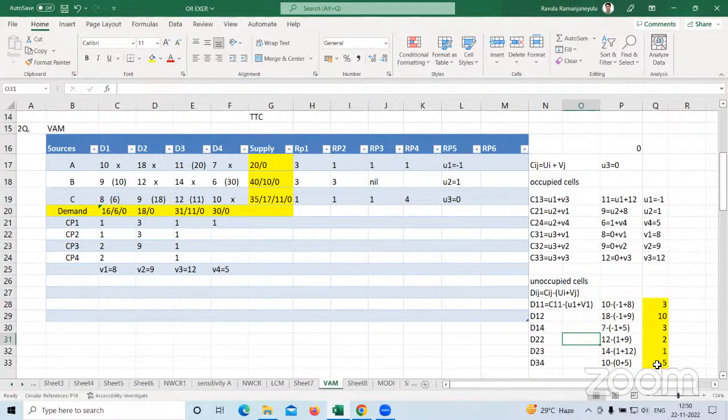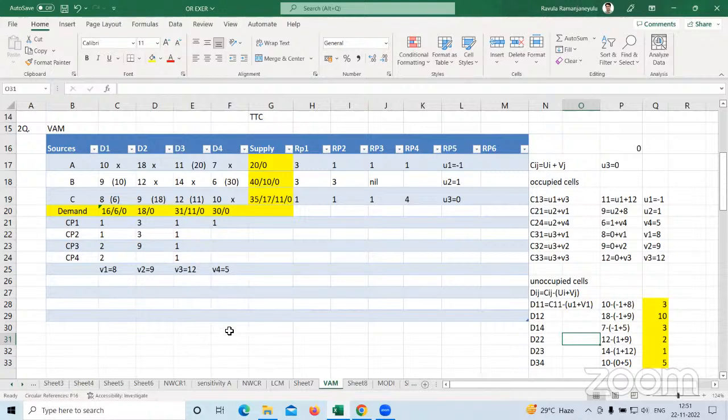If all the values are greater than or equal to 0, then we can say we reached our optimum solution. If any one value is negative, we have to frame a loop again. That is the stepping stone method, as well as the MODI method, the modified distribution method.